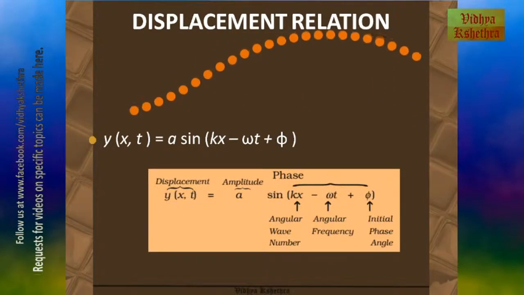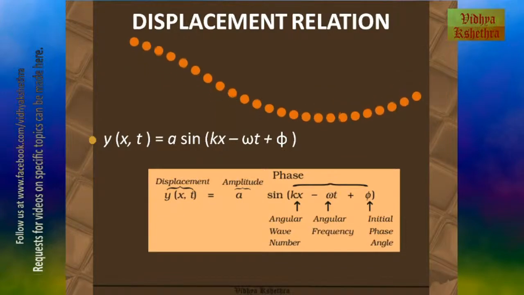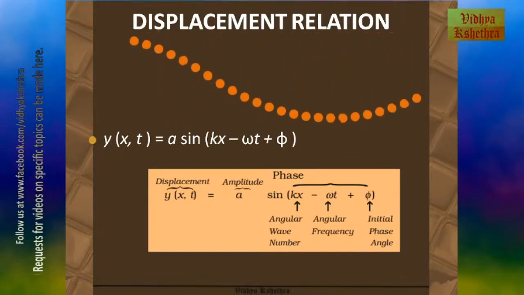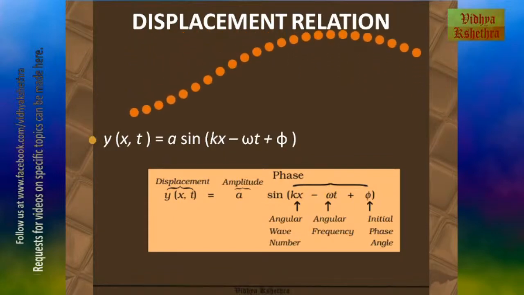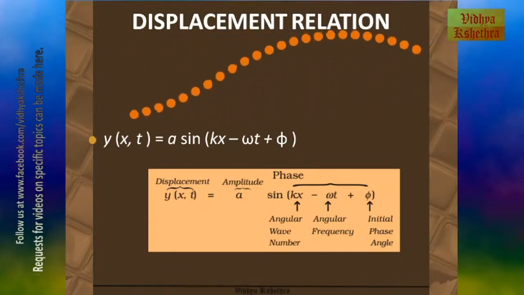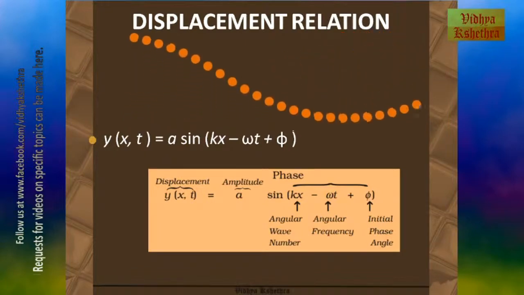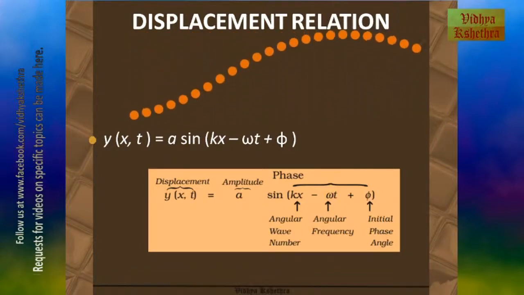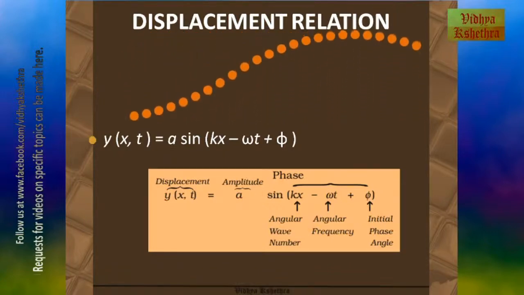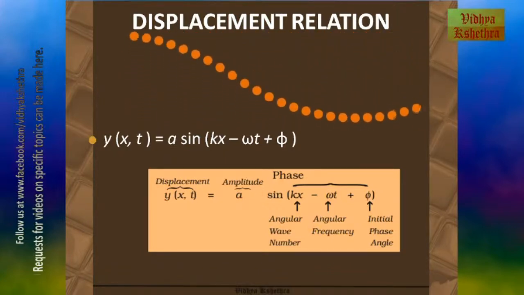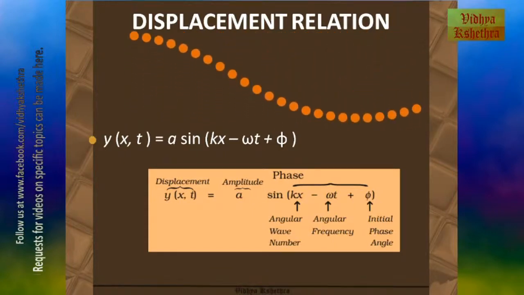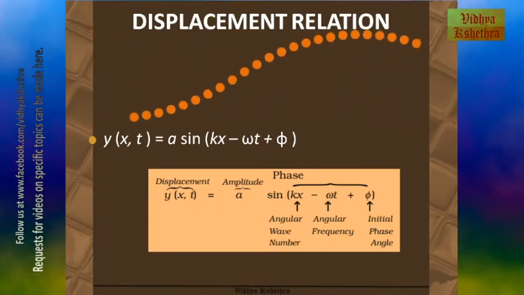In this case, y(x,t) is the displacement, a is the amplitude, then kx - omega t + phi is known as the phase, in which k is known as the angular wave number, omega is known as the angular frequency, and phi is the initial phase angle. Now we shall see all these concepts in detail.